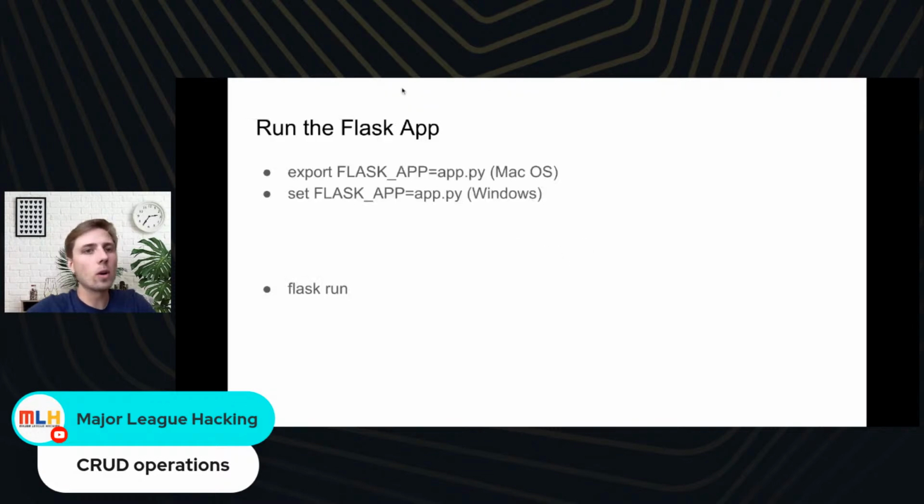If you weren't able to run your app last time, there are slides available for you to check out. I just posted the link in the chat. If you copy the code on those slides from day one and type the following into your terminal, whether you're on Mac or Windows, you set your Flask app equal to app.py and then type the command flask run.